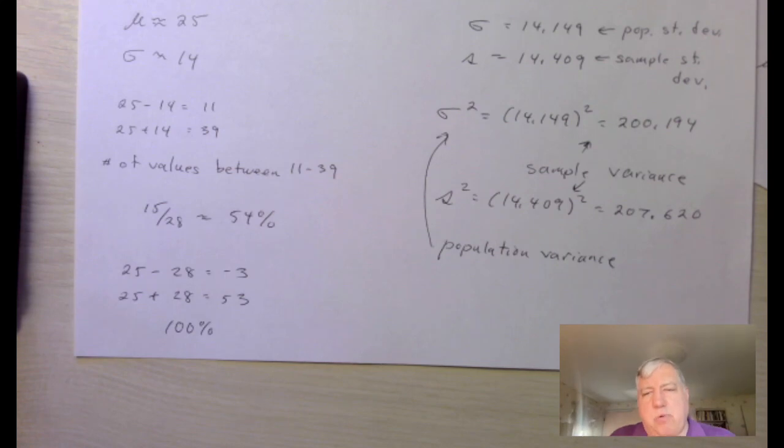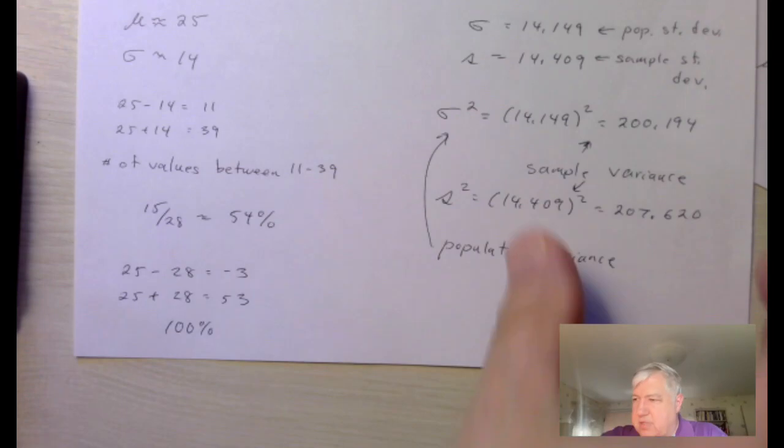Now we want to think, in general, what percentage of the data can we expect to be within 1 or 2 or 3 standard deviations of the mean? There are two ways to answer this question, depending on the distribution of our data set.